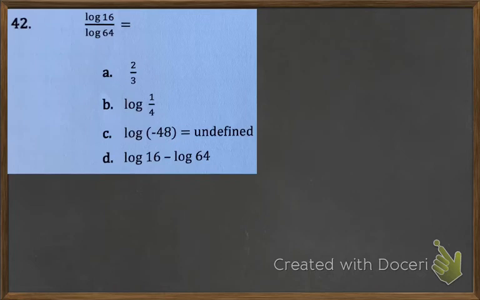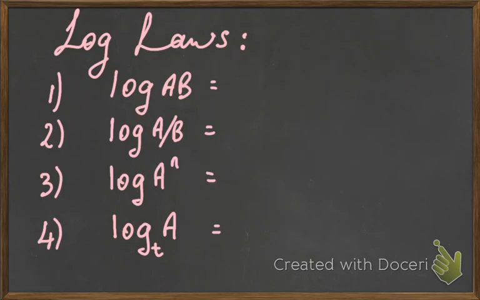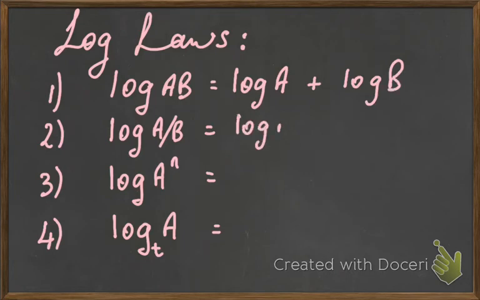The first one is the log of AB is equal to the log of A plus the log of B. The second one, the log of A divided by B, is the log of A minus the log of B. Easy to remember, when we multiply, we add, and when we divide, we subtract. That's for the first two laws.